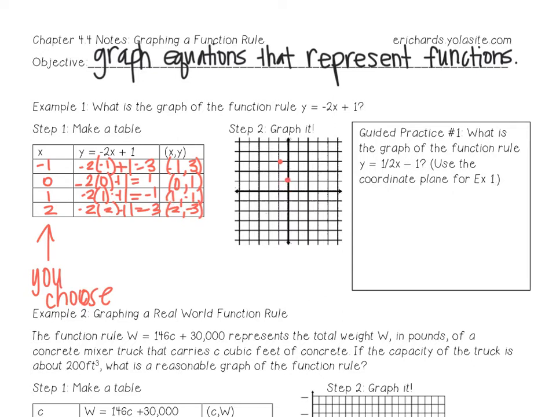Next point, 1, negative 1, I'm going to go right 1, down 1. Put a point. The next point, 2, negative 3, start at the origin, go right 2, down 3. Put a point. Then you graph your line. So we're going to put our line through those. I'm just going to freehand a line.